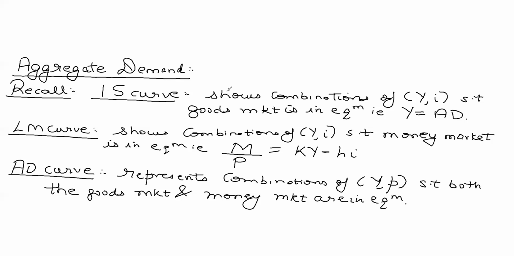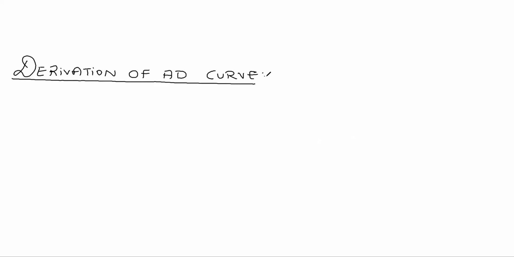Let's write the heading: derivation of the aggregate demand curve. So let's look at the AD chain, the aggregate demand chain.